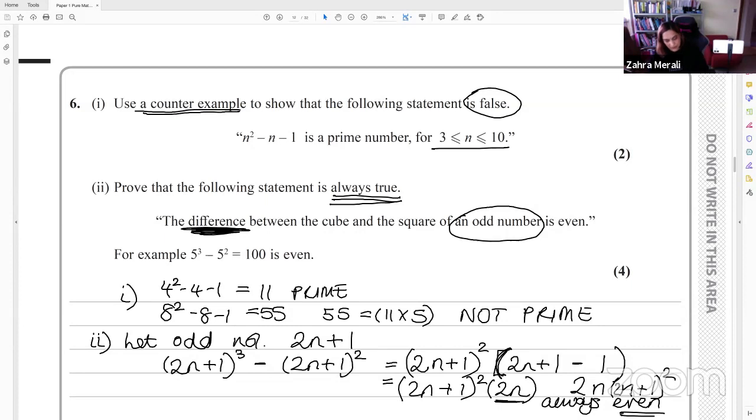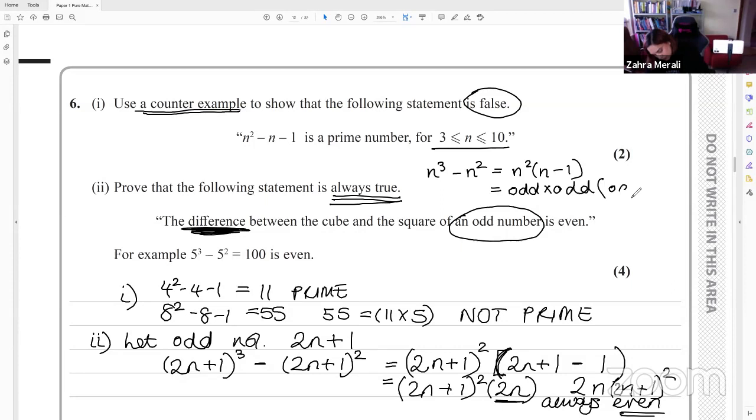Okay. The other way that you could have thought about it is, we're saying the difference of an odd number. So if you have an odd number and you cube it, so n cubed minus n squared. You could take the n squared outside and you get n minus 1. And n squared is an odd times an odd.